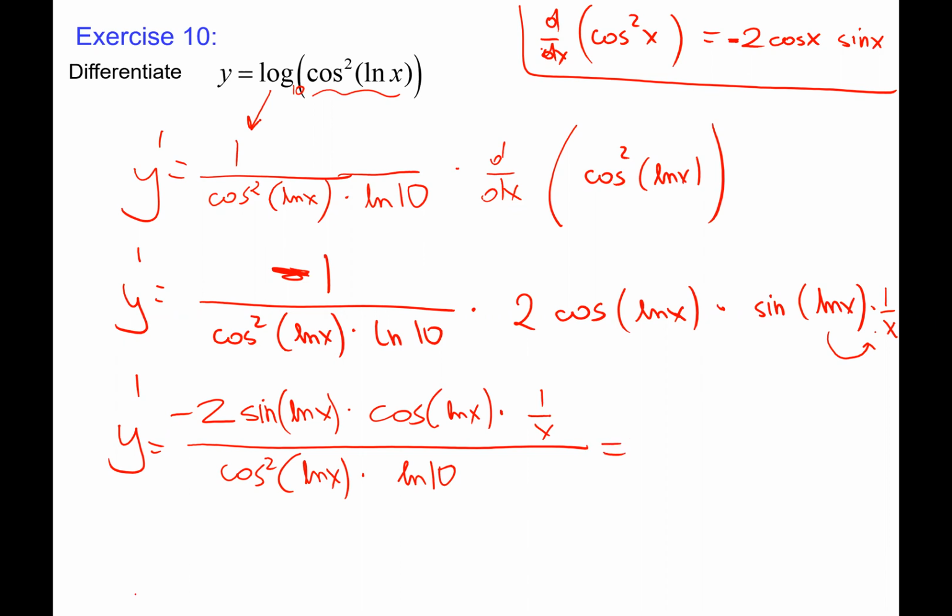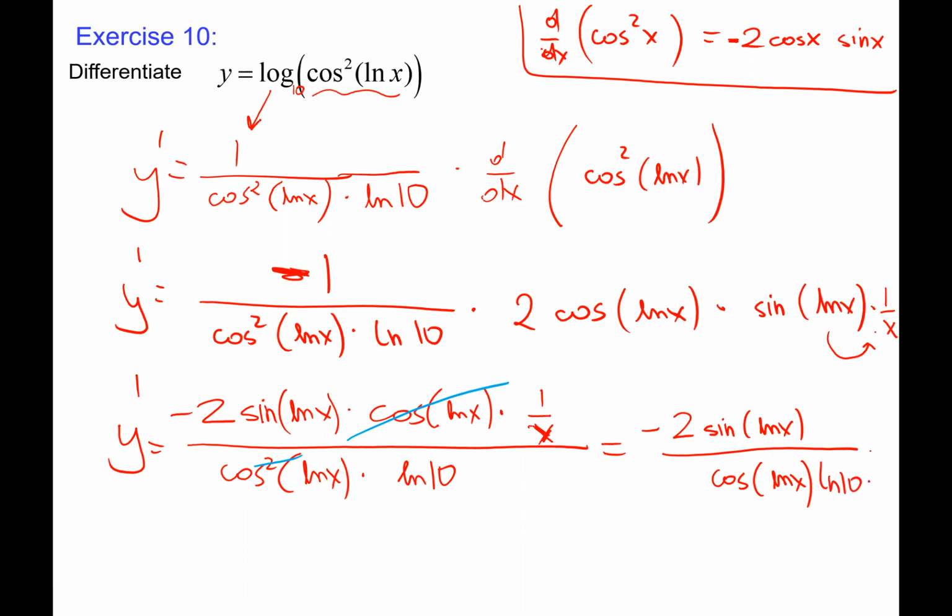The only thing I can simplify: I have one cosine and another cosine, so I can cancel them out, and I drop that x down to the denominator. I will have negative 2 sine of the natural log of x over x cosine of ln of x times ln of 10.